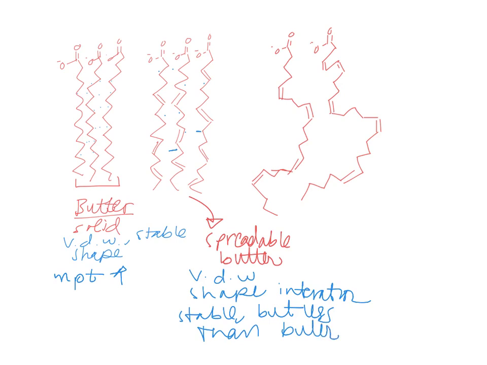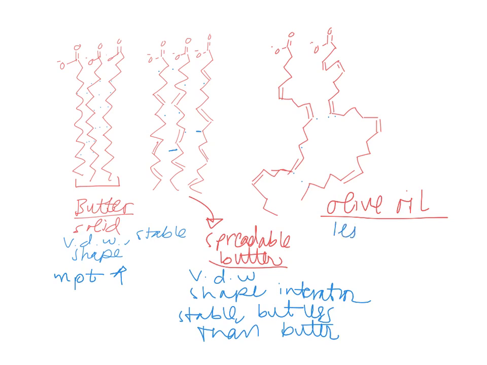Okay, and then when you pack a whole bunch of cis fats together, or the ones that have cis double bonds, you get something that's a consistency of like olive oil or the vegetable oils. And what's happening is because of the kinks here, they're just too far away to make all the van der Waals interactions.